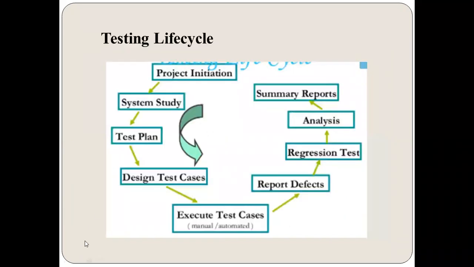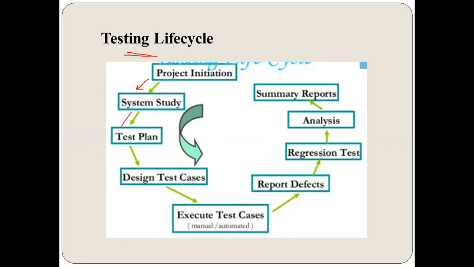Now, as we have seen that there is a life cycle of everything, we also have the life cycle of testing, the software testing life cycle. It is a myth that testing only starts after the completion of the project. No, it starts in parallel. Once the project is initiated and requirement analysis is done, testing starts in the design phase itself, because the testers should also understand the project and the requirements very well. So after project initiation, the system study is done.